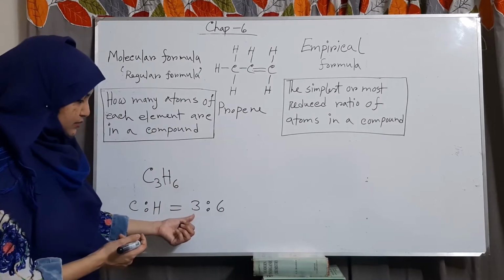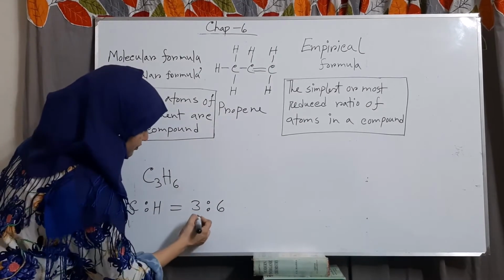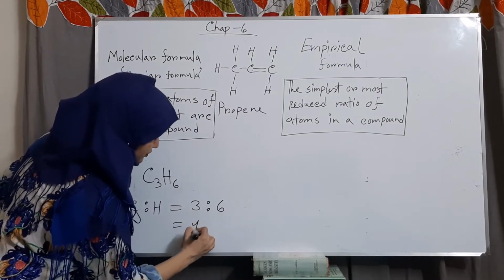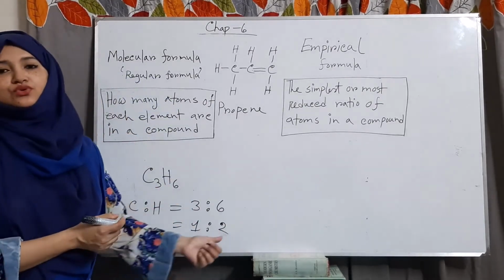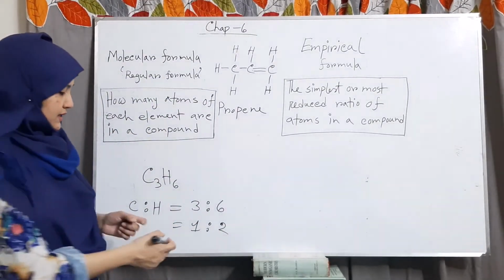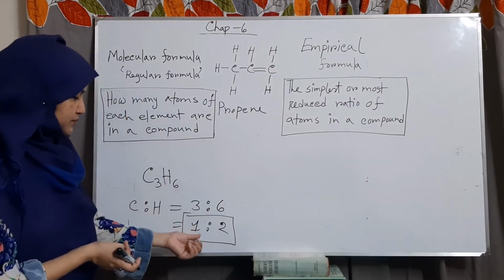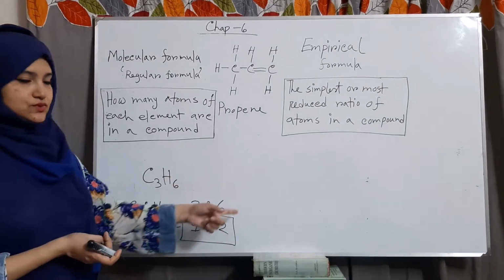The largest number is 3. If we divide both numbers by 3, then we will get whole numbers, 1:2. This is the simplest, most reduced form of the ratio 3:6.